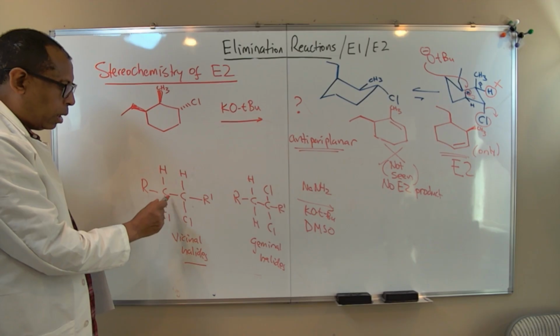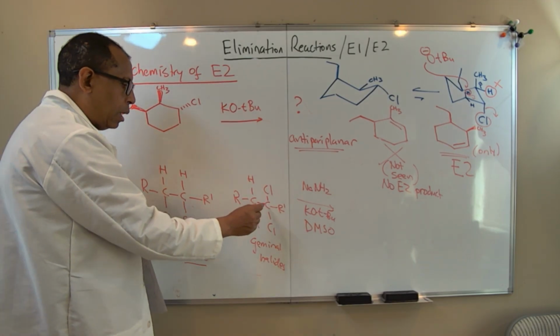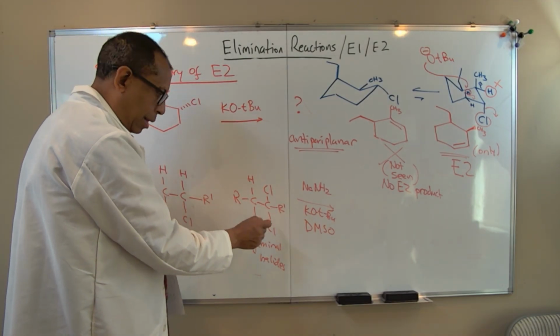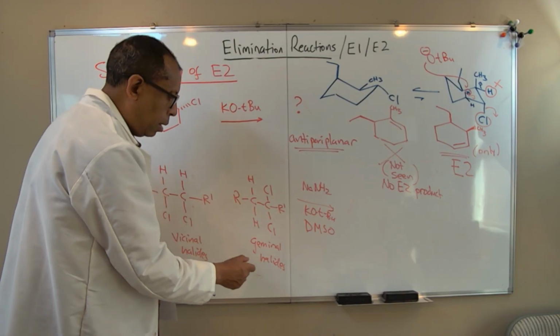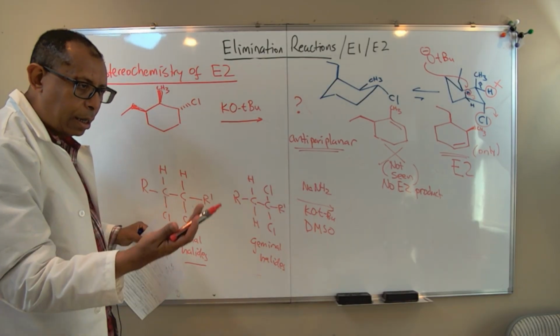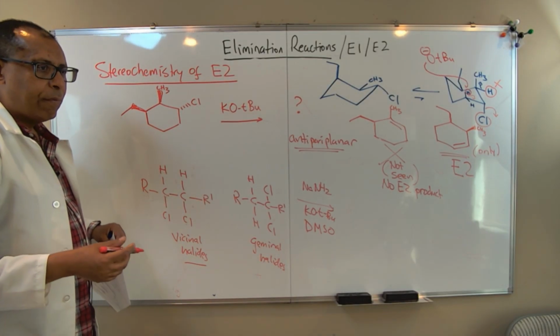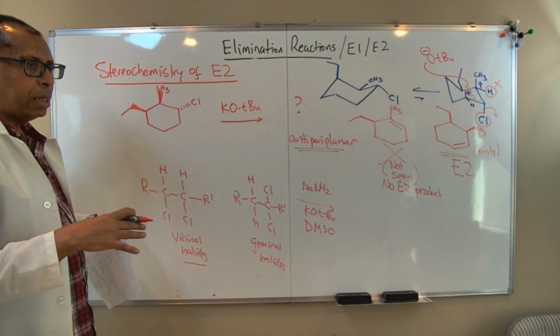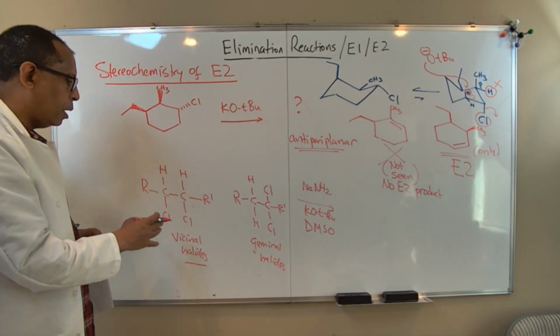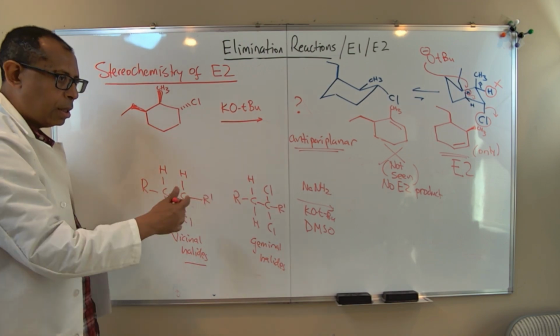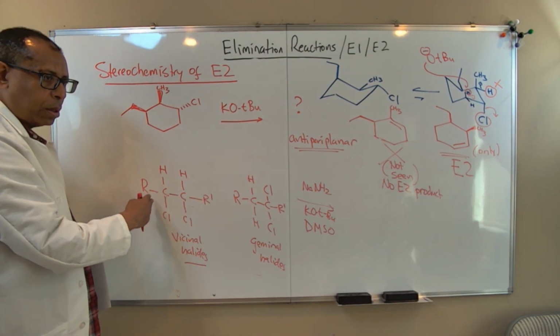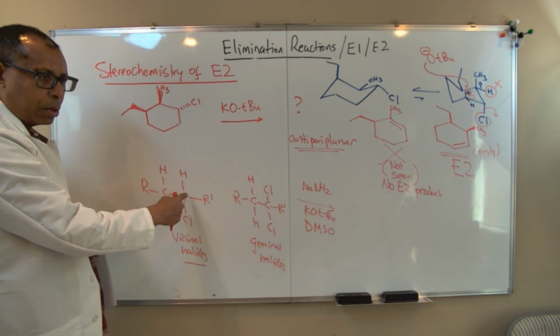They are on 1 and 2. But when the chlorides are on the same carbon, they are called geminal halides. For any substituents, if we say they are geminal, we mean that they are on the same carbon. But if we say those are vicinal, we mean neighbors, 1-2 position, one next to the other.